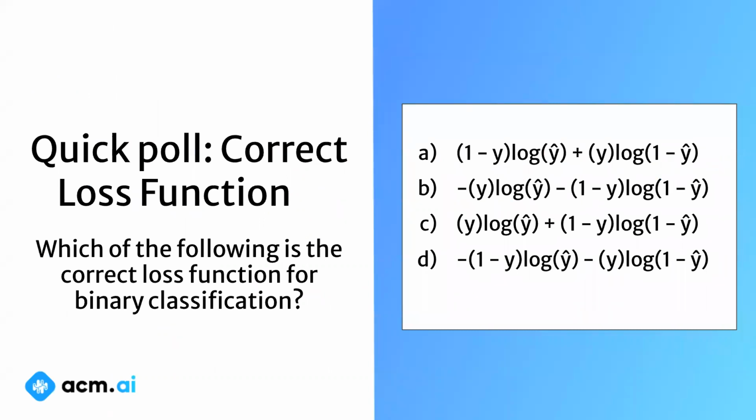That makes sense. All right, cool. So this poll was honestly kind of a Zoom minute, but can anyone see what the correct equation is? Is there a negative sign?